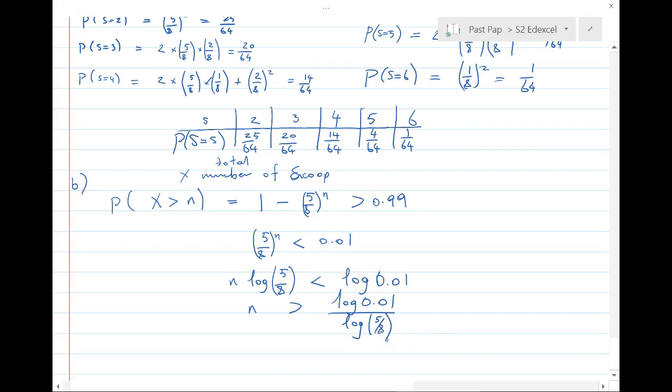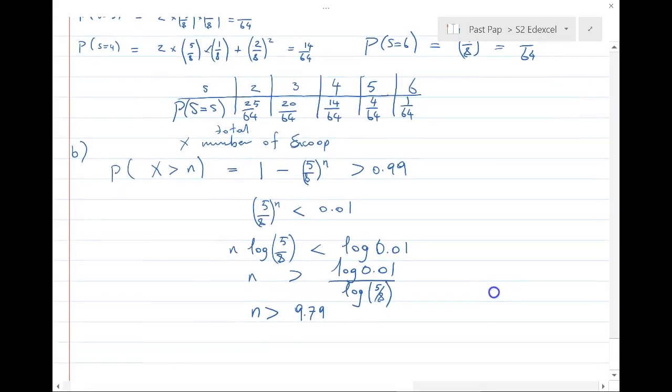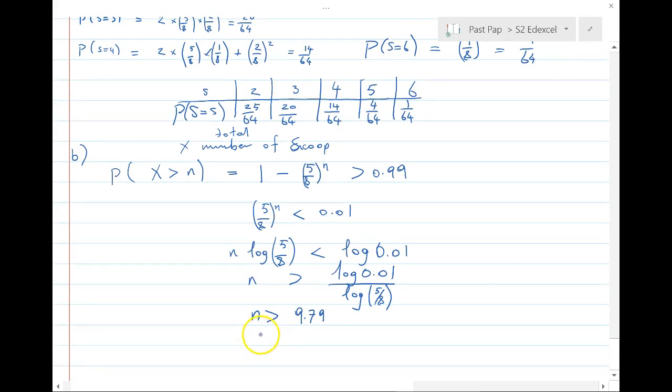So that means that n is greater than 9.79, and obviously the smallest integer n for which this is the case is 10. Okay, so that's a little bit of a challenge at the end there, I felt.